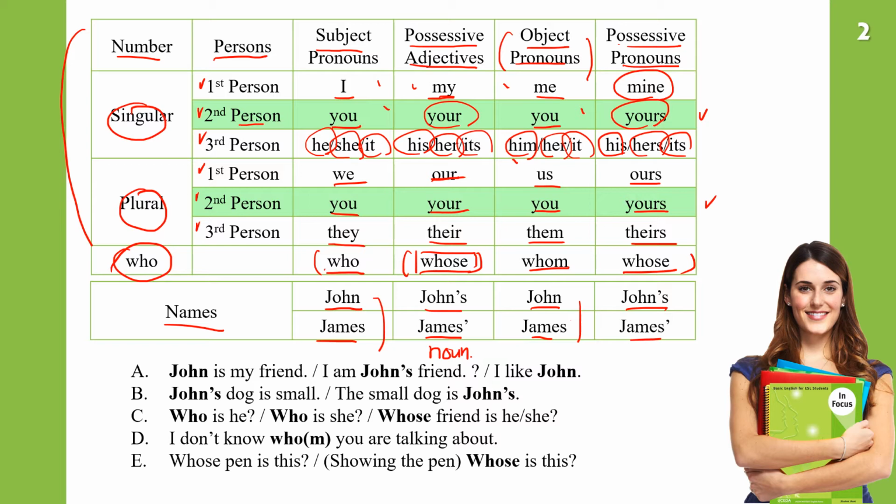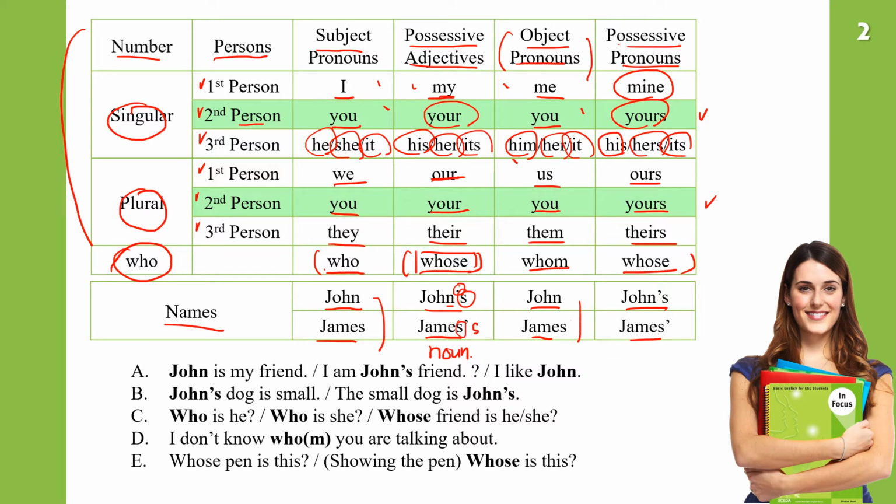Here, when the word is ending with a consonant or a vowel, you put an apostrophe and s to show the possession. But when the name is ending with an s, you don't put it like this.